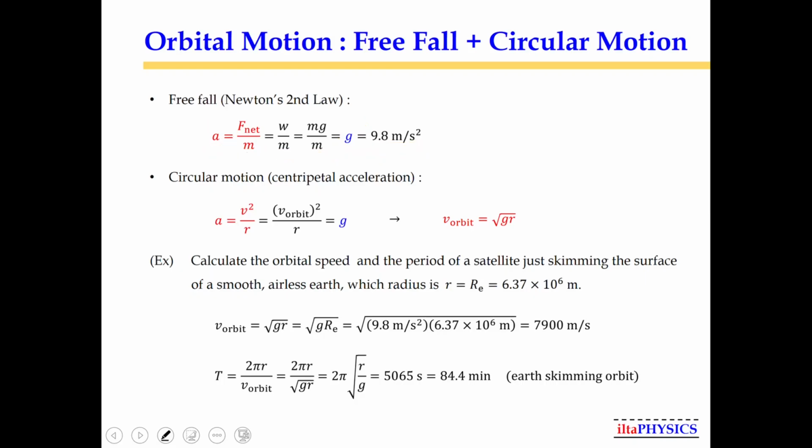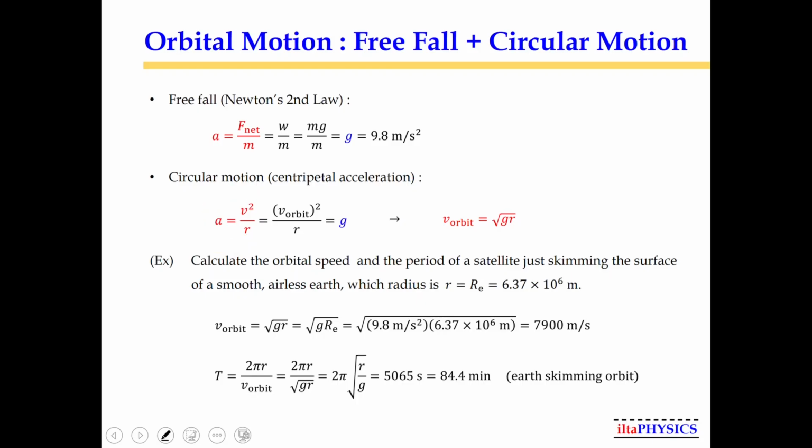Now, let's interpret the same motion from a macroscopic point of view as a circular motion. When an object moves in a circle, it needs centripetal acceleration. And according to the circular motion formula, that centripetal acceleration equals the square of the velocity divided by the radius.